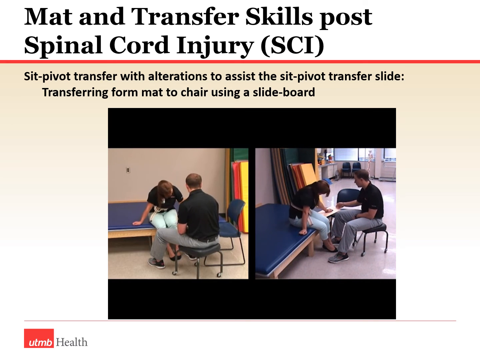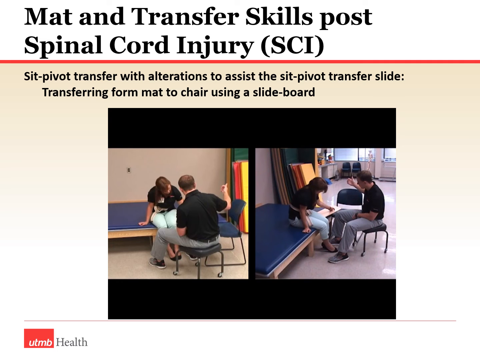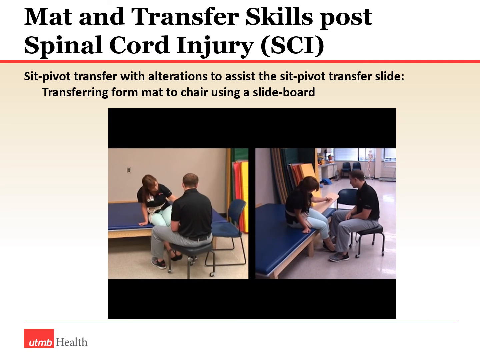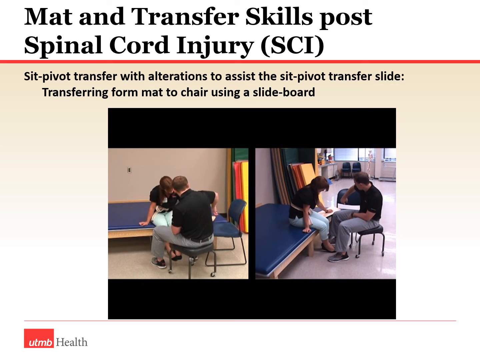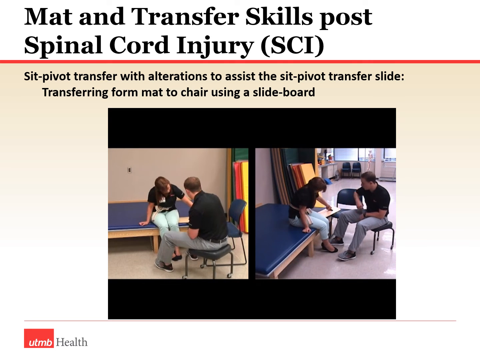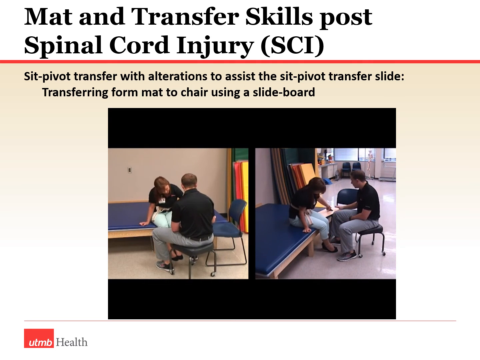The other variation that you might see is not just a horizontal hole, but a vertical hole as well. Some patients prefer that because they can get more force with their horizontal adductors intact. Some of them can use their biceps with a vertical hold and pull themselves in better. So your sliding boards will vary.